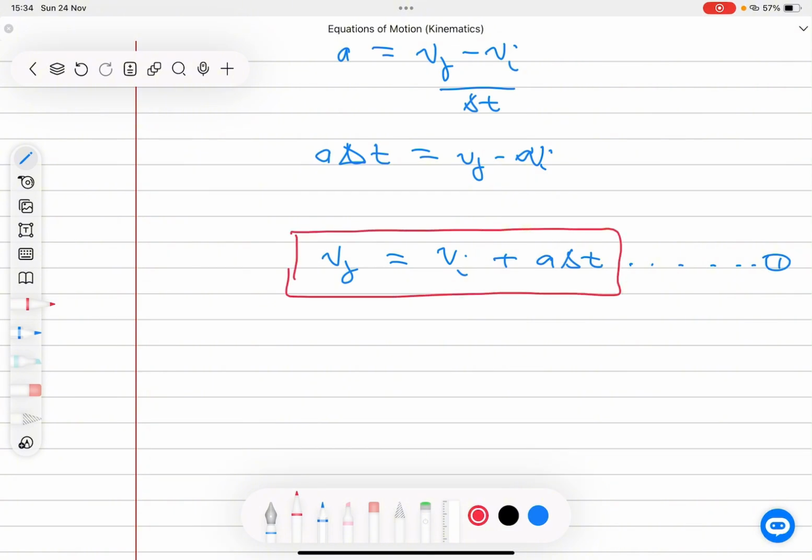This is our first equation of motion on the information sheet of our physics question paper or books that we use in physics. And I have to emphasize at this point that this equation becomes true if and only if the acceleration is constant.